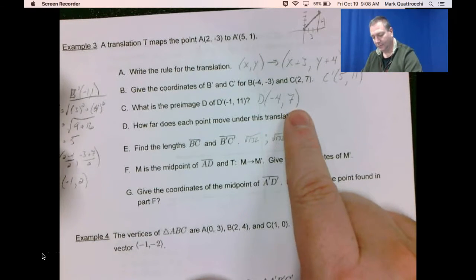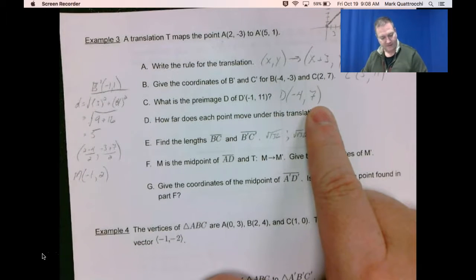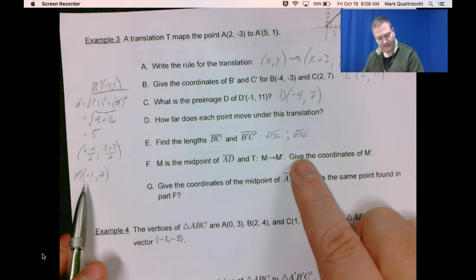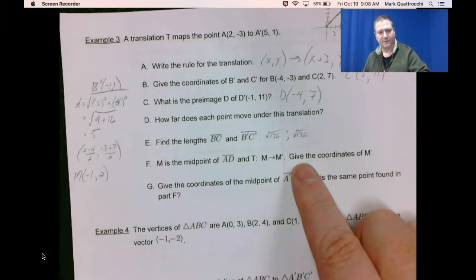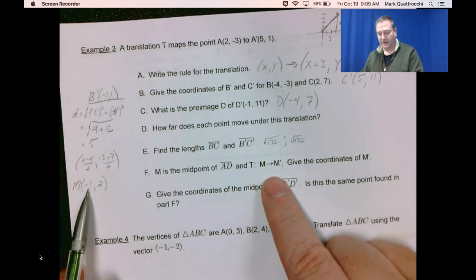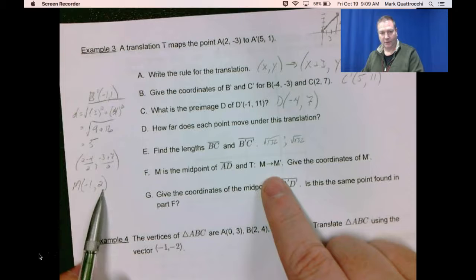So point M is negative 1, 2. I have a typo there. Typo on the answer key, it says 2, 6, and it really should say negative 1, 2.